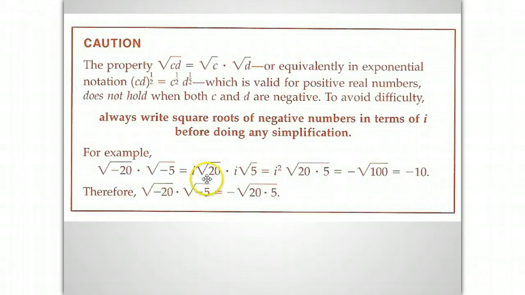If we follow these rules now, like we did with our earlier examples, i times the square root of 20 times i times the square root of 5 is i squared times the square root of 20 times 5, which is negative 1 times the square root of 100, which is negative 10. So if you followed what you thought was the right way of doing it, you'd think that these two would multiply to give us 10, but they don't. They multiply to give us negative 10.